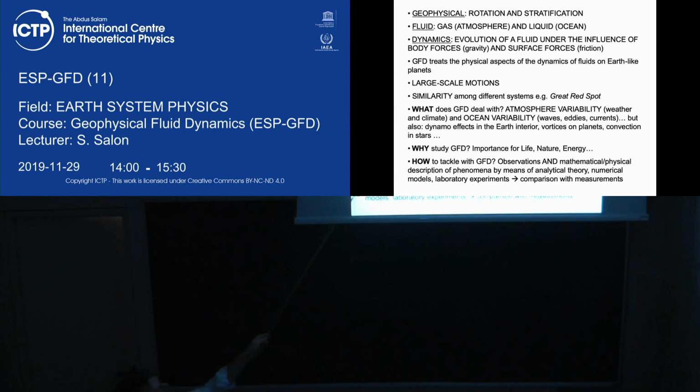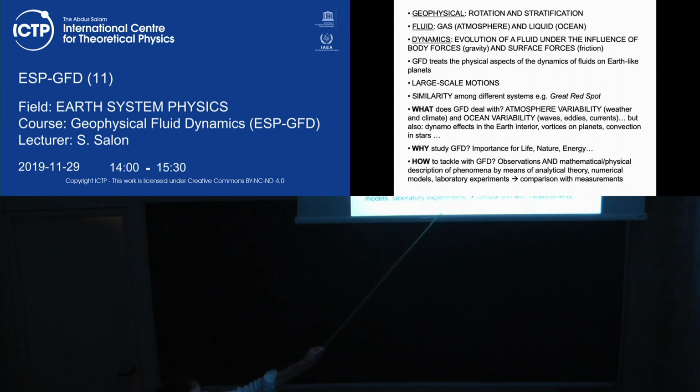So, at the end, to answer the question what does GFD deal with: we have atmosphere variability, like weather and climate, and ocean variability, like waves, eddies, currents, but also dynamo effect in the Earth interior, vortices on planets, and also convection in stars. Because also stars rotate and have fluids. What is important? Life, nature, energy, trades, and so on.